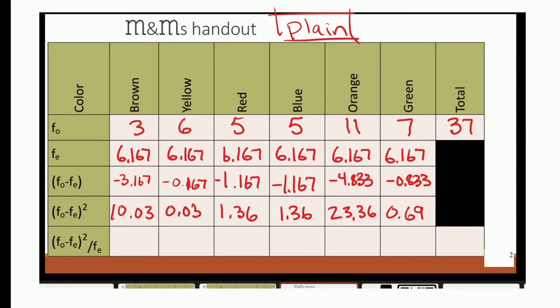Now, if you're confused or don't know what to do, you can always let me know and I'll come help you, or ask your friend, because some of you are more comfortable with your friends than with me. That's fine. But anyway, I've taken those numbers, I've squared them.